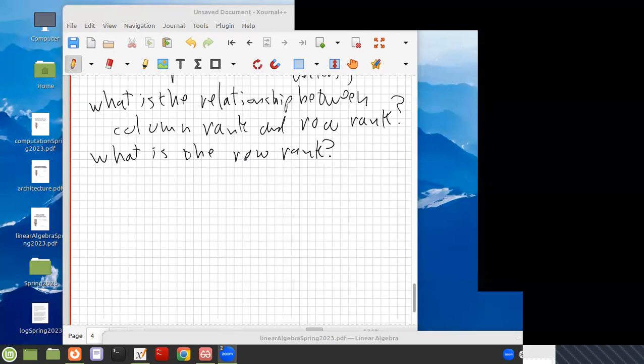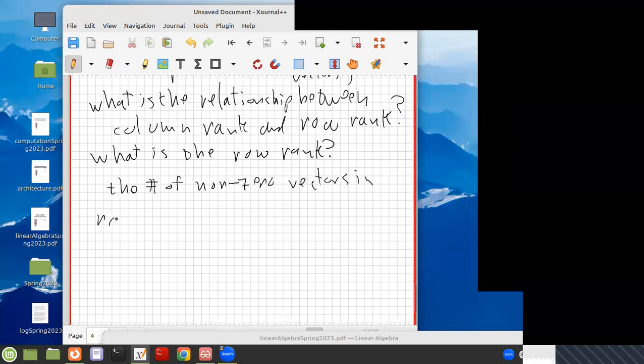Since they span the space, the number of non-zero vectors in the echelon form of M equals the dimension of the row space, so it equals the row rank.